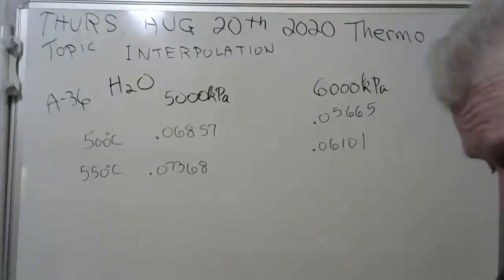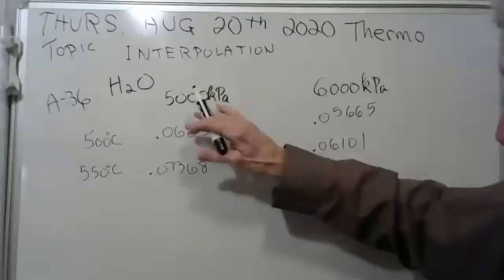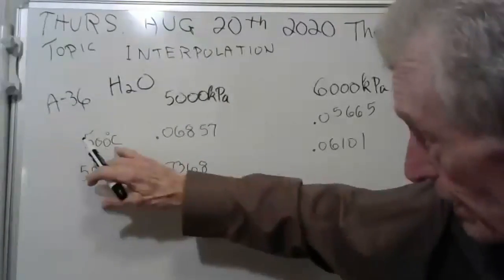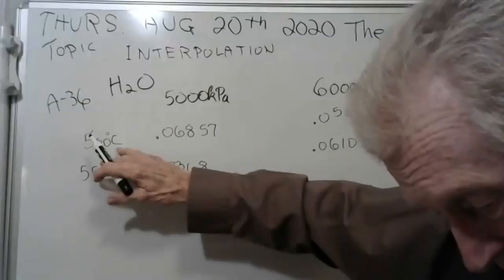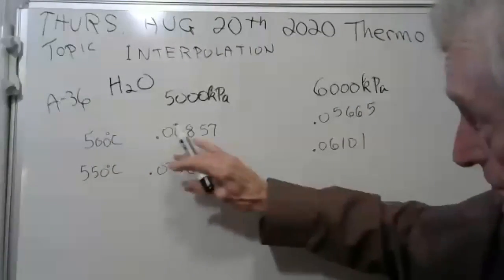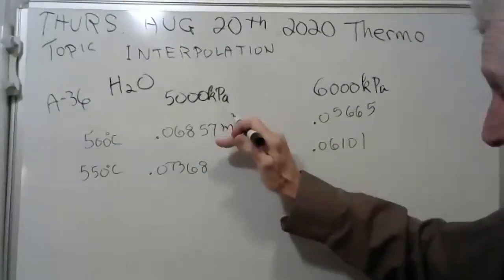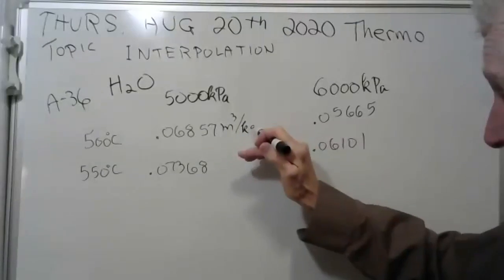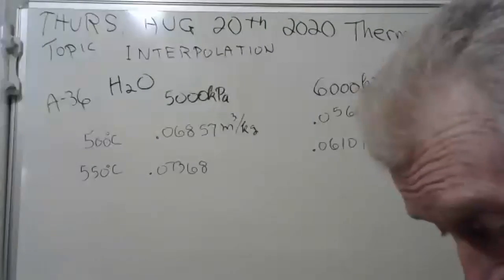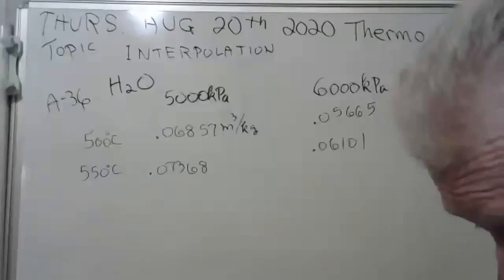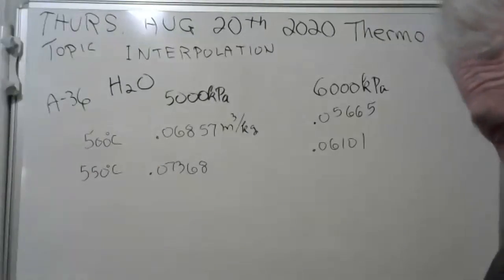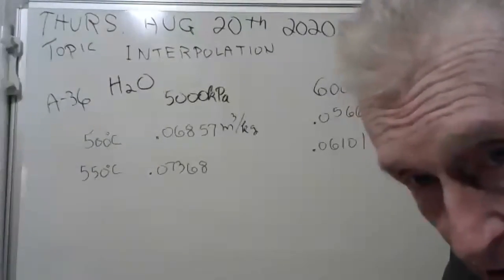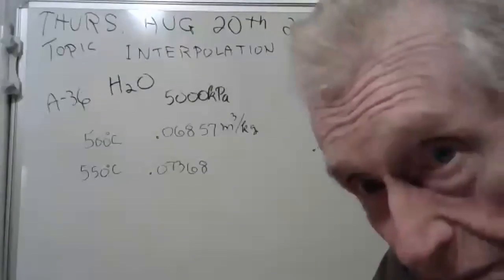I bet you can find it. At 5,000 kilopascals and 500 degrees Celsius, this is the specific volume in cubic meters per kilogram of H2O. It's steam. It's hot. 500 degrees Celsius is kind of hot-ish.